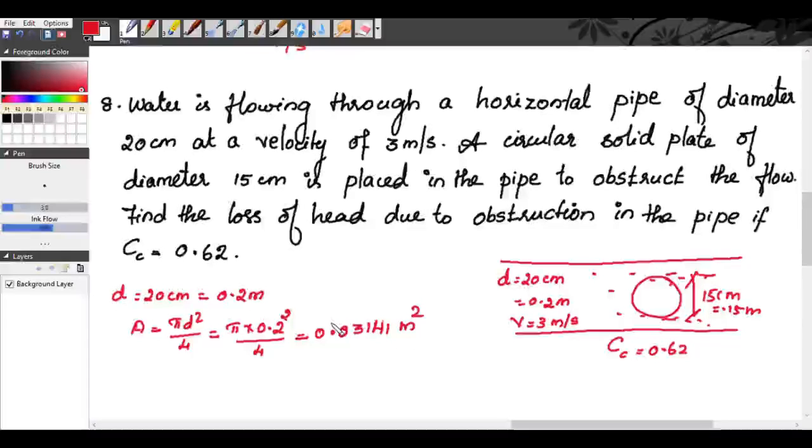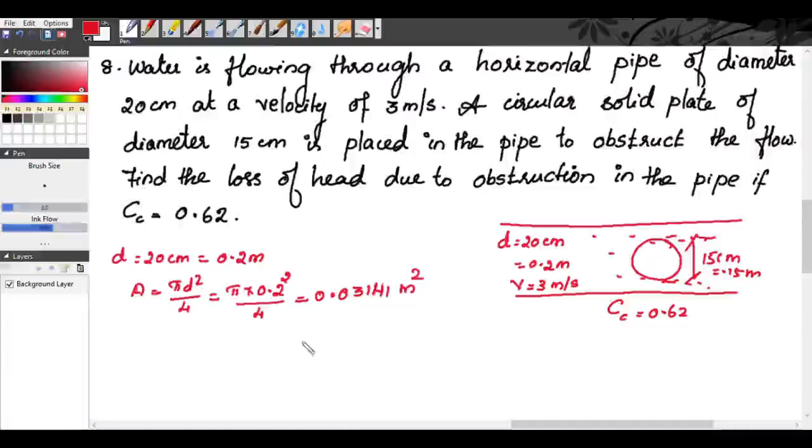Now, we will find the diameter of obstruction. Take it as D1. So diameter of obstruction D1 is equal to 15 centimeter, that is equal to 0.15 meter, from which we get area of the obstruction as pi D1 square by 4.